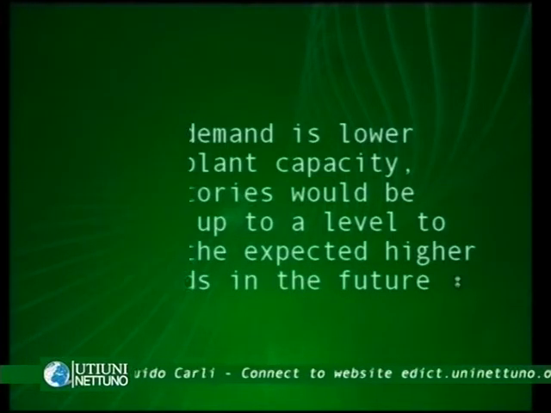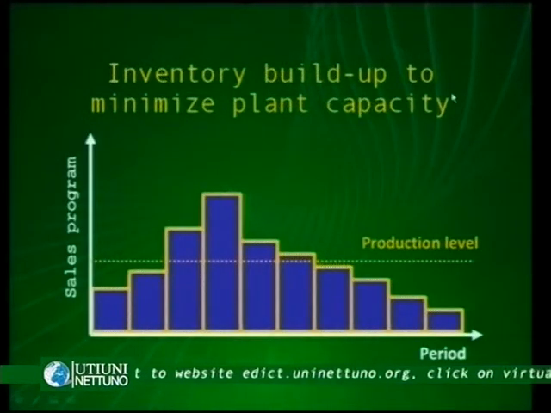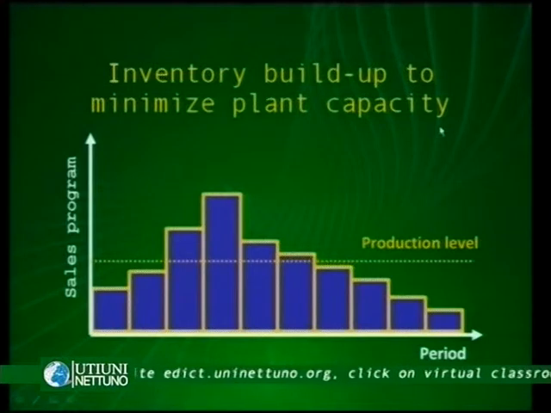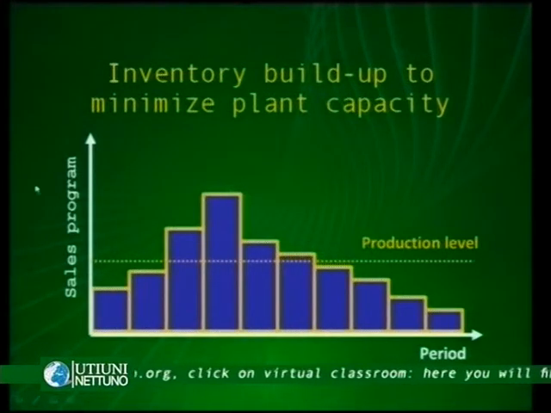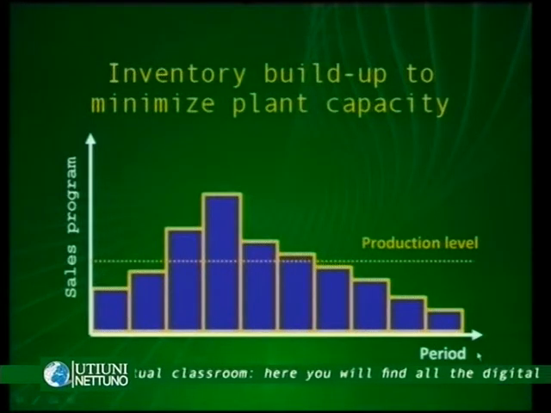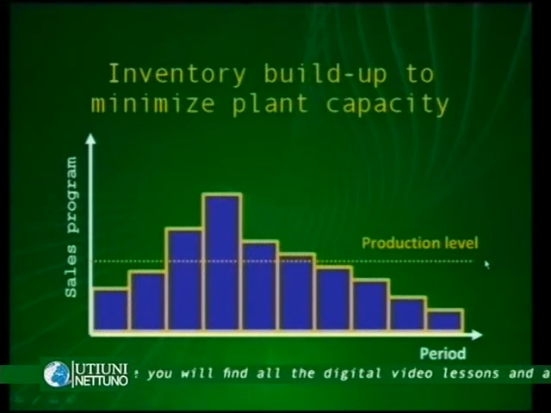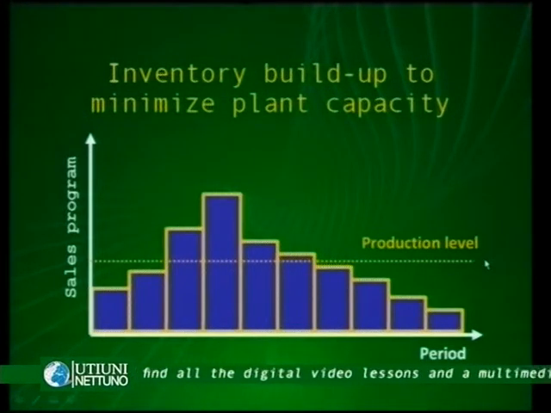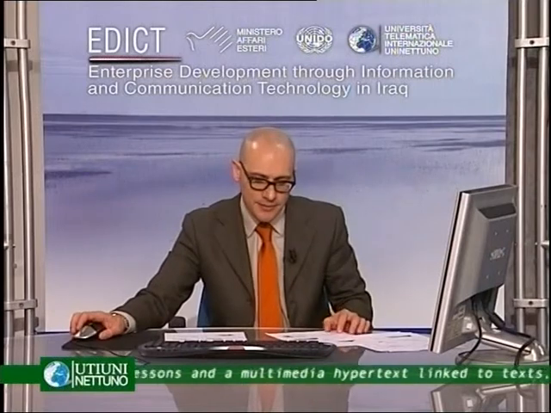So graphically, the situation is quite clear if we consider the inventory build-up to minimize plant capacity. Let's consider this graph. We have the sales program on one hand and the period, so time, on the other hand. And here we have the production level, which is associated to the minimum plant capacity or to the installed plant capacity.